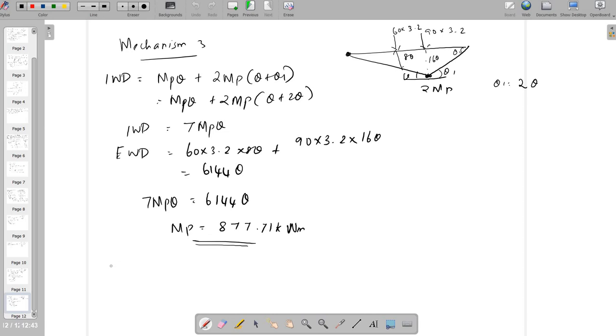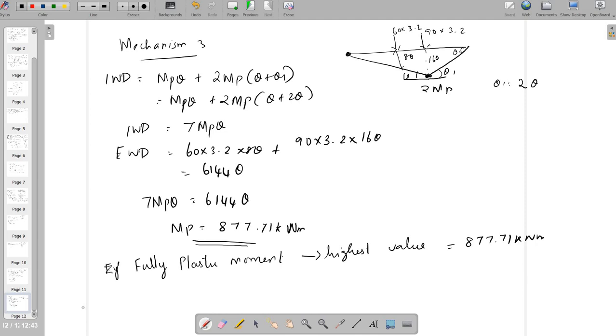So for fully plastic moment, the highest value should be taken, is 877.71 kilonewton meter. To find the collapse load, we have to take the minimum value.